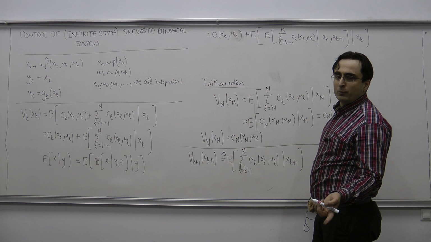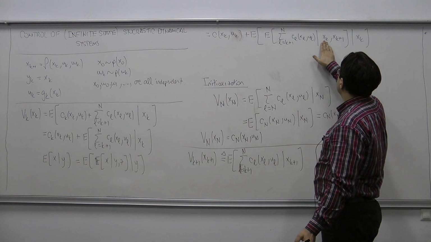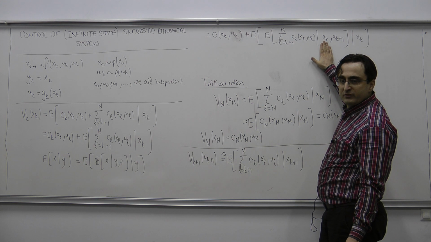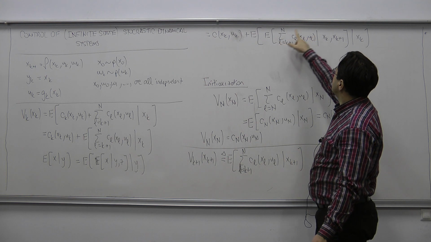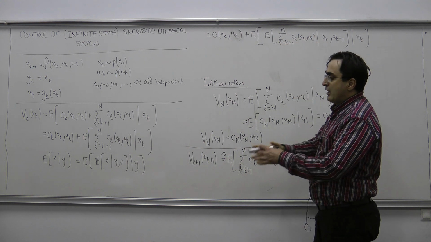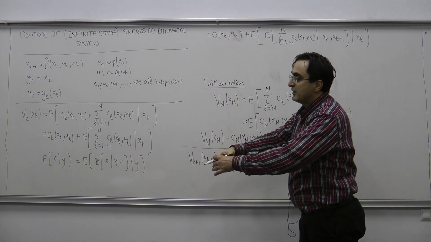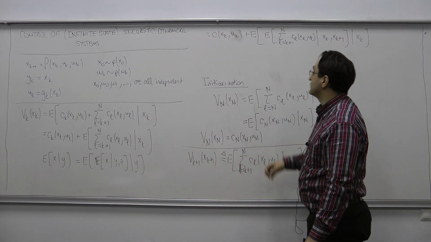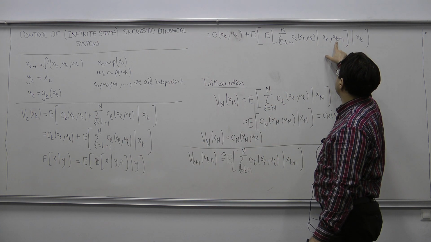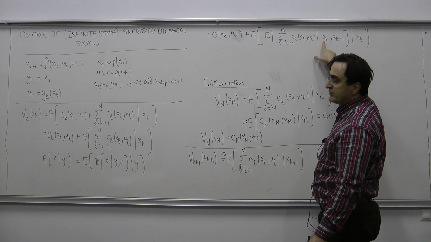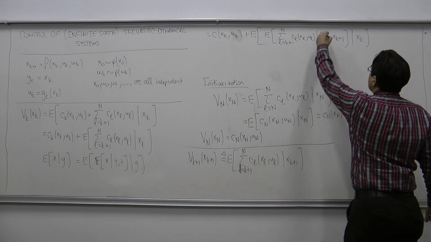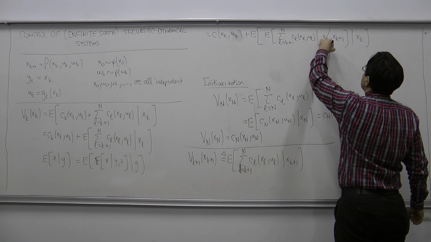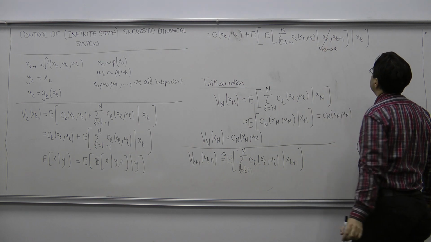Because of the Markov property, I can remove this previous state from the inner expectation, because the states in these summations are xk plus 1, xk plus 2, xk plus 3, etc. So given xk plus 1, I can remove this xk thanks to the Markov property of the system.